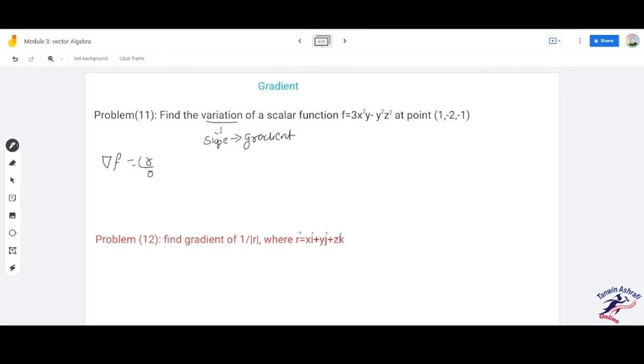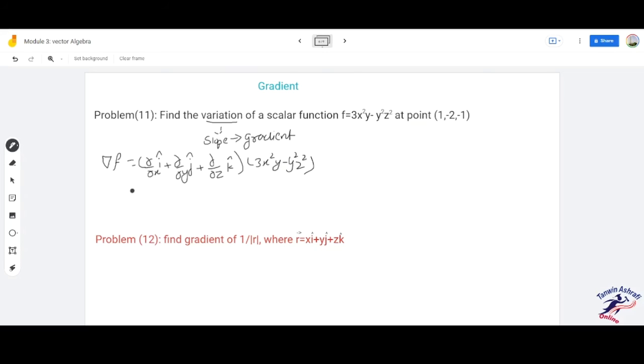∂/∂x of i cap plus ∂/∂y of j cap plus ∂/∂z of k cap, for the function f, that is 3x² y minus y² z².